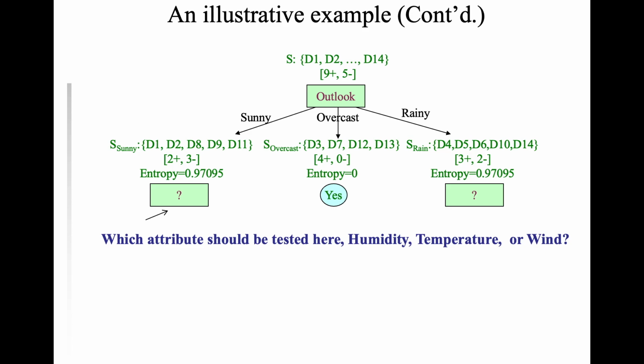So we again have to calculate the entropy for all of the remaining features with respect to the one that we selected.